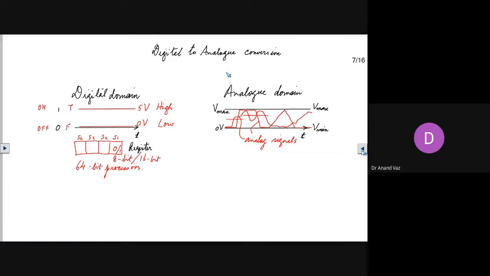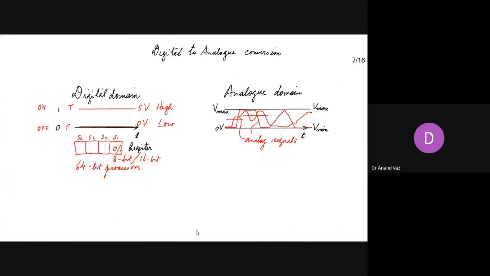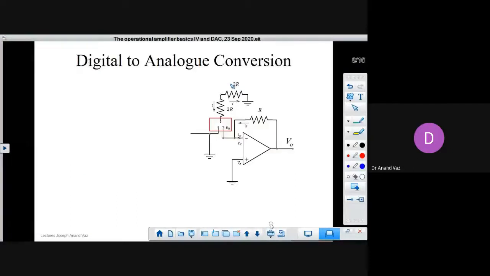For this, we make use of the operational amplifier. So let's save this. Now, the operational amplifier, we have taken one particular configuration of the operational amplifier here, and I have drawn it in a particular way. Just copied and pasted it here.